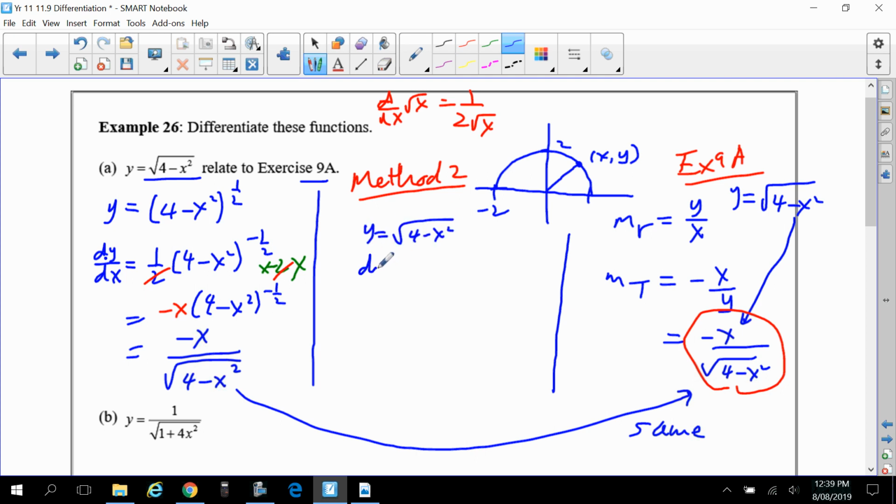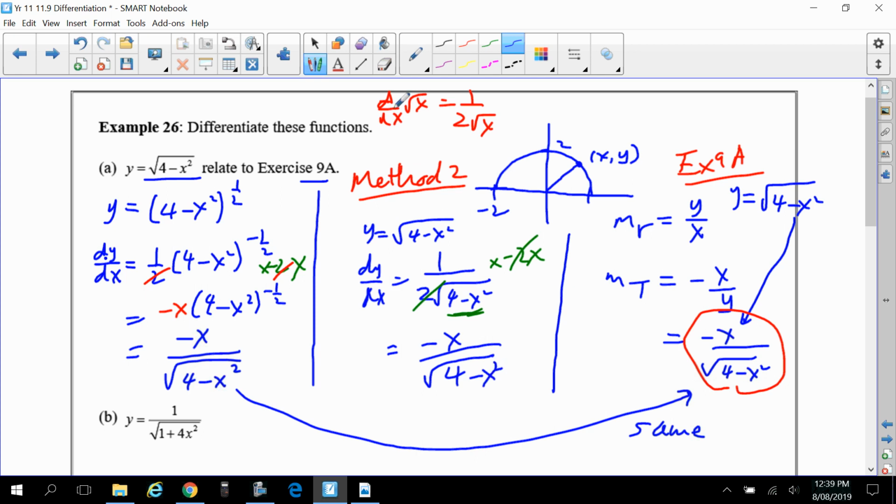Watch this, dy on dx. You have this structure, 1 on 2 something. Get the idea? See the square root, 1 on 2 something. Then differentiate what's inside, which is negative 2x, which I think will save you time. So that's why, because square root occurs a lot in maths.